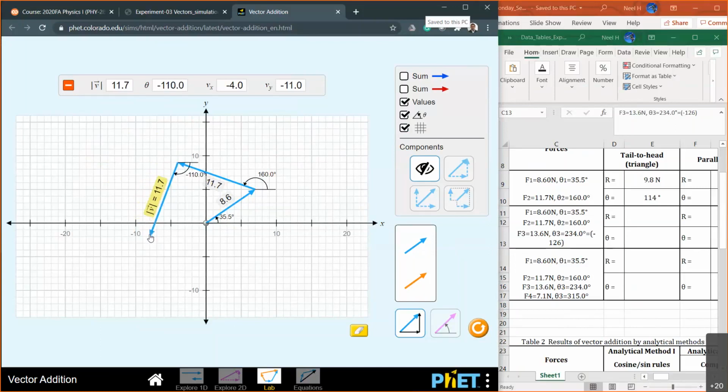You need to just move this arrowhead around a little bit to see which one is actually matching up. One should match up correctly. Not every number is going to match; some numbers will not match at all. 13.6 and 126.